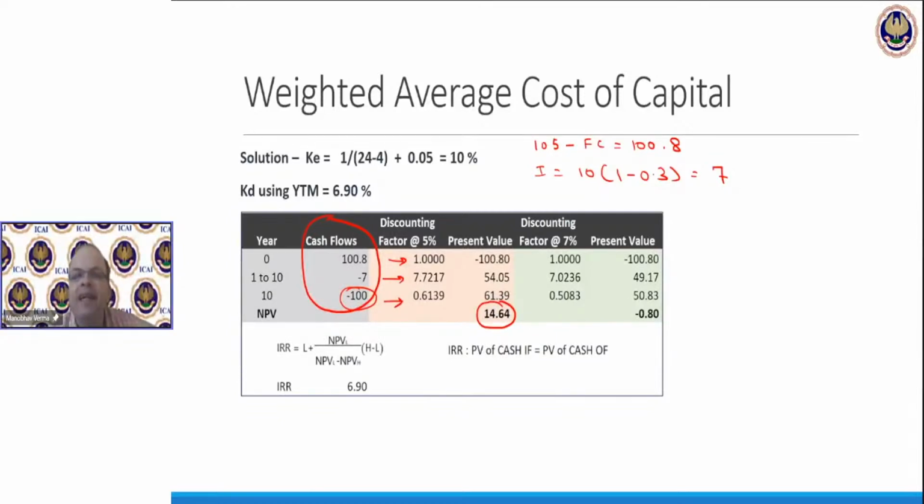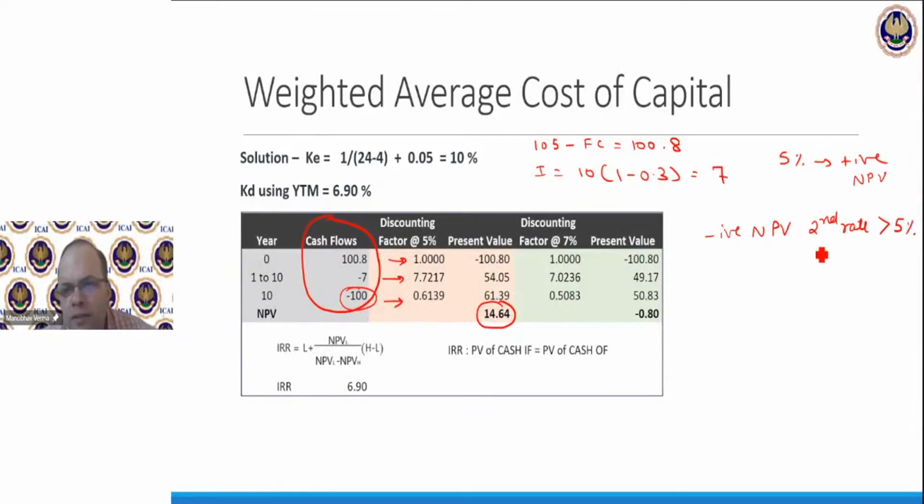Syed, you can take any rate you want randomly also, right? So we have taken 5% and I got a positive NPV. Hence, for a negative NPV, the second rate will be higher than 5%, and hence we are taking 7%.